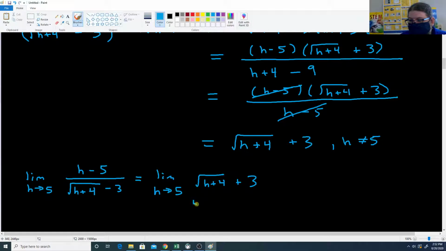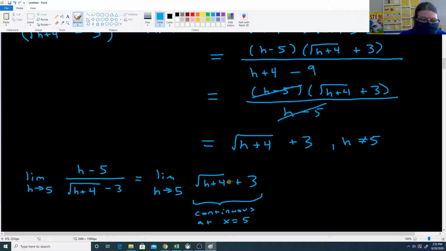Now we should note that this is continuous at 5, because h plus 4 is continuous, the composition of a continuous function with a continuous function is continuous, and adding 3 is still continuous.